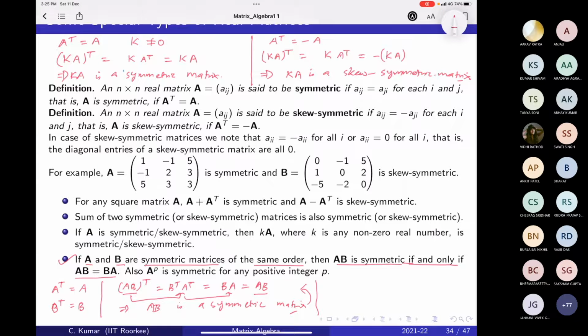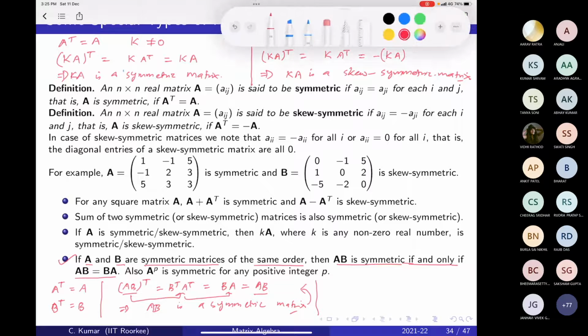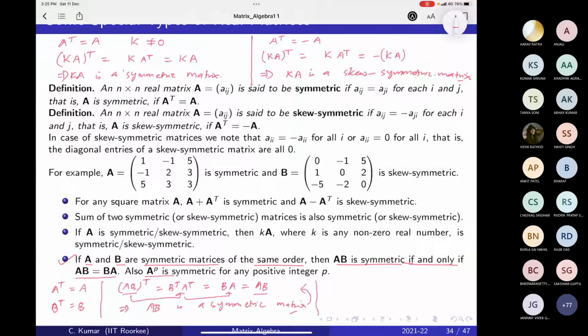Now the next part of this question says that A raised to P is a symmetric matrix for any positive power P. And this is very much obvious, because if I take B is equal to A, then from this result AB will become A square. So A square is symmetric if and only if A square is equal to A square. If you put B is equal to A in this relationship, this is true.